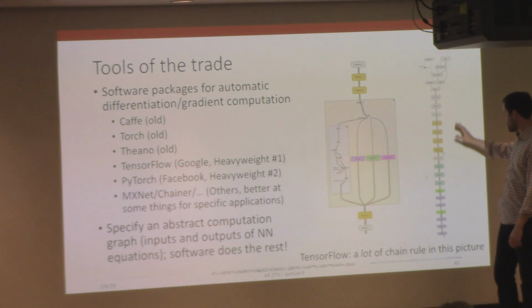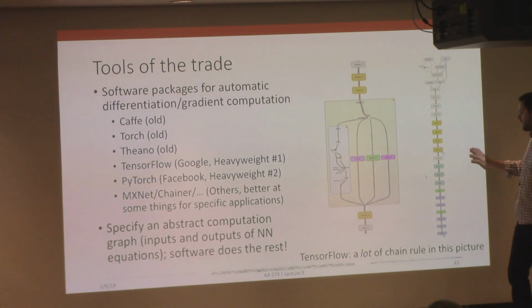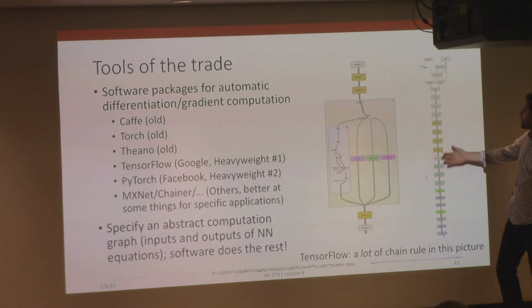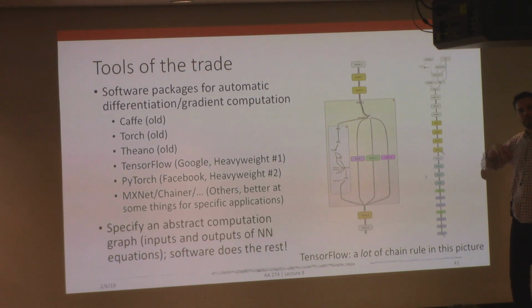So this is a visualization of a convolutional neural network architecture in TensorFlow, because you can actually visualize the graph. As you can imagine, there's a lot of chain rule going on behind the scenes to do the gradient updates and the weight updates that you care about. And then there's a lot of matrix multiplication to do the forward propagation.